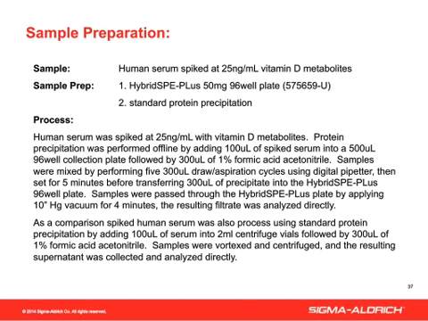So we wanted to explore how we can improve the sample preparation and improve the robustness of the assay by utilizing a method to deplete the phospholipids. So the experiment that we conducted was to take human serum samples that were spiked at a fairly high level, and then these were passed through the Hybrid SPE Plus plate.